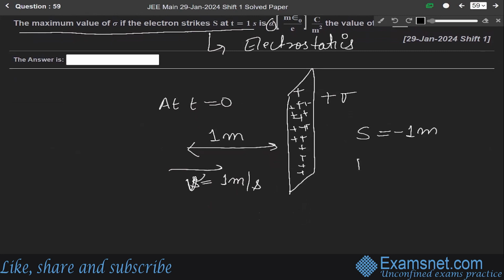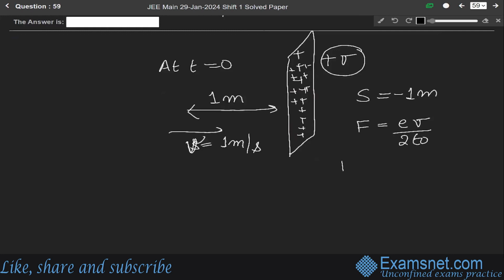Since the force due to this plane sheet having charge density plus sigma, force will be equals to E sigma over 2 epsilon naught. So acceleration will be, since force equals to mass into acceleration, E sigma over 2 epsilon naught into m, but with the negative sign.